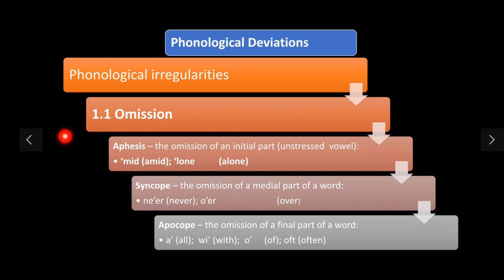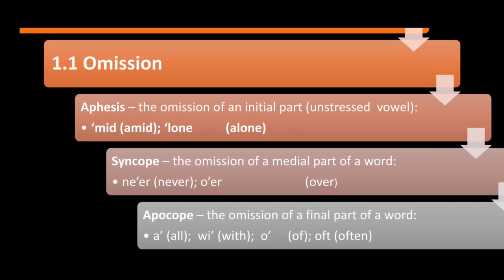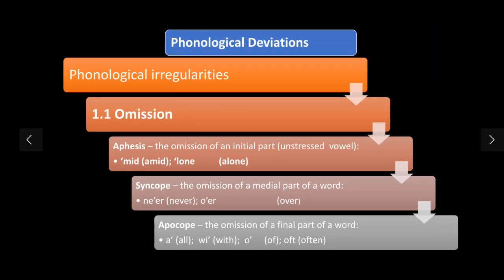Now, phonological irregularities may occur due to apocope. What is apocope? Apocope is the omission of a final part of a word. When the final part is omitted, technically we call this omission apocope.